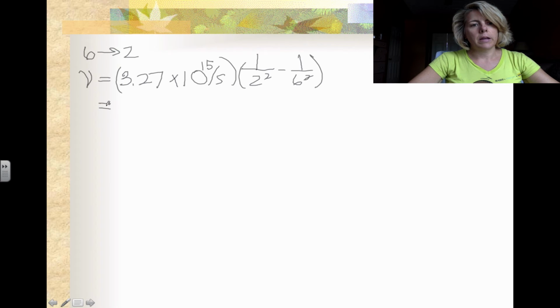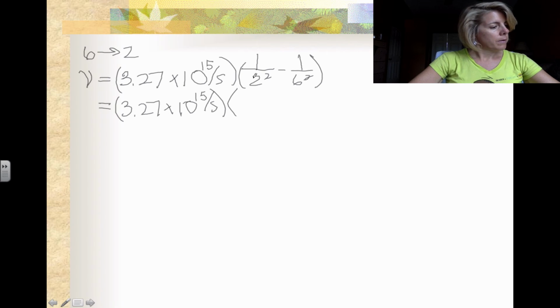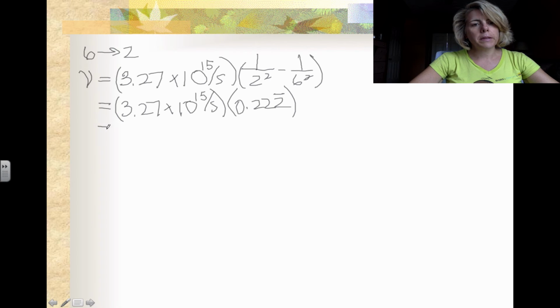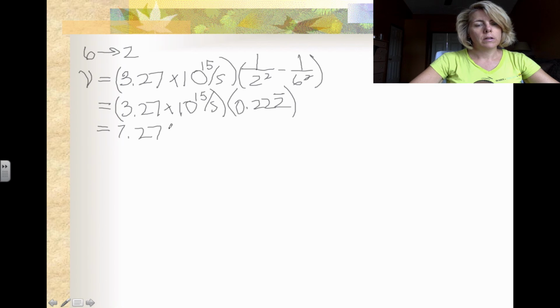And when you multiply that out, you're left with 3.27 times 10 to the 15th cycles per second times 0.222 repeating. When you multiply that out, you're left with 7.27 times 10 to the 14th cycles per second.